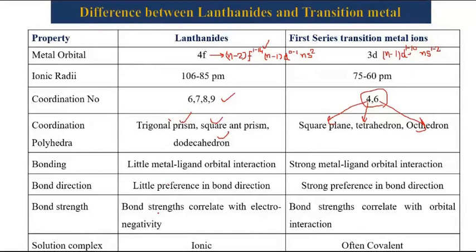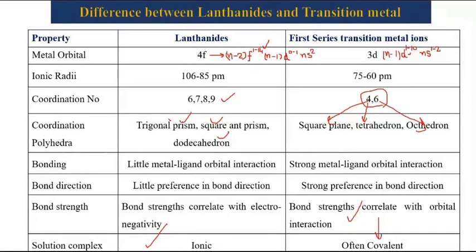In this case, most of the bonds are ionic in nature, because the electronegativity of the incoming ligand with respect to the metal matters, so the nature of the bond will be ionic. However, in the other case, the bond strength correlates with the orbital interactions, and that's why most of these compounds are covalent, and here these compounds are ionic.